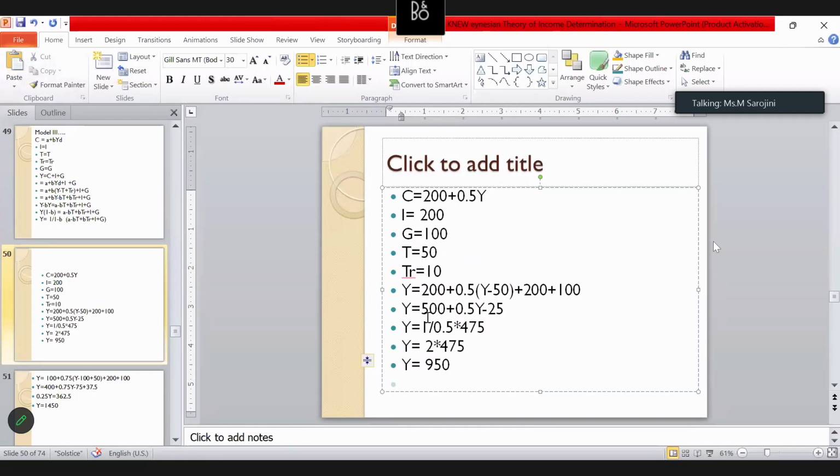Right, here you have to listen very carefully. These things are very easy and simple, but normally people do not get the full marks. Here again, we have to add 0.5 into 10, that is equal to 5.